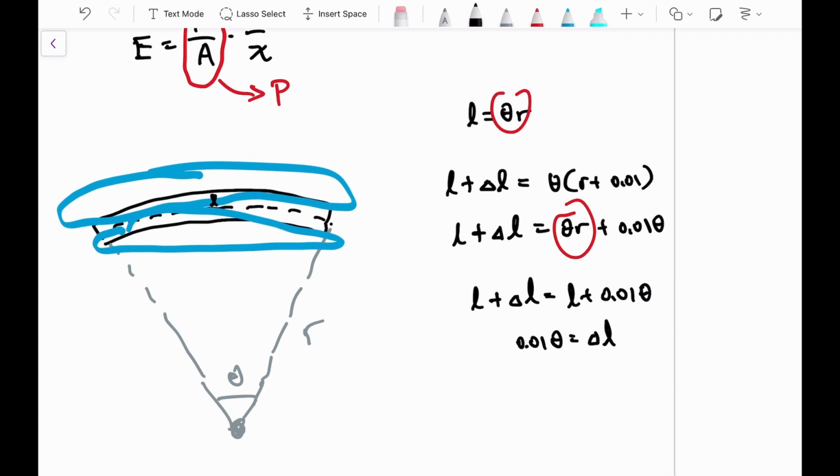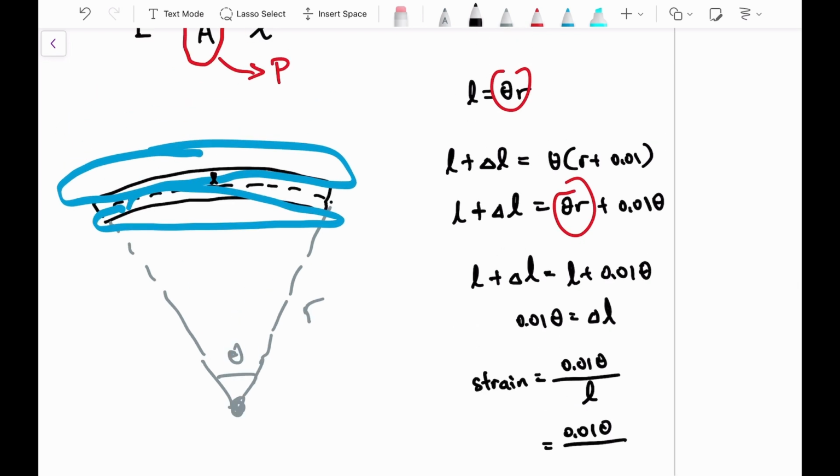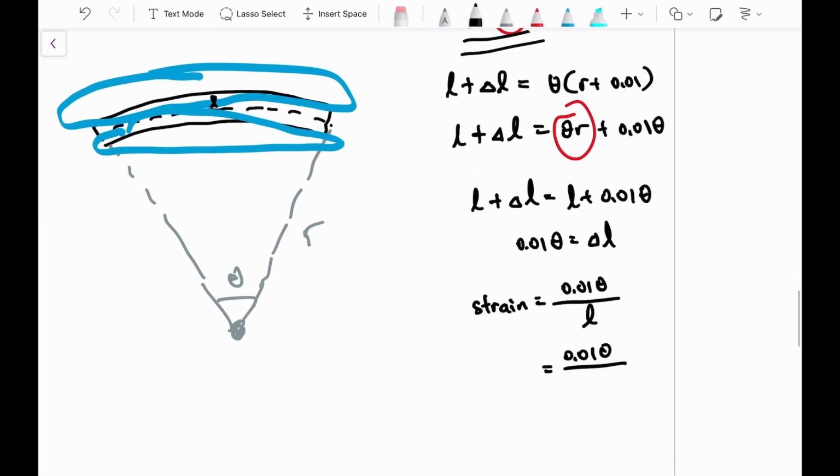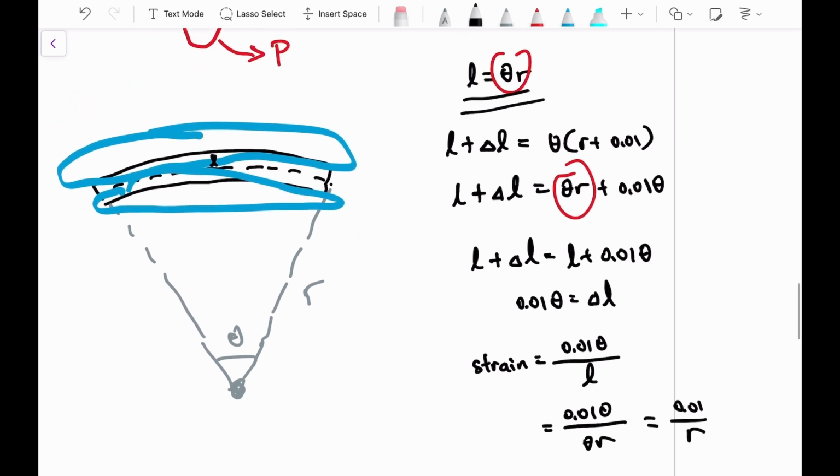Strain will be equal to the change in length, so 0.01 theta over L. Now there are two variables, so we can link this back. We can express L back as theta r, and this gives us 0.01 over r. So we got the strain in terms of r, which is excellent. We have an entire equation with only r as the variable.